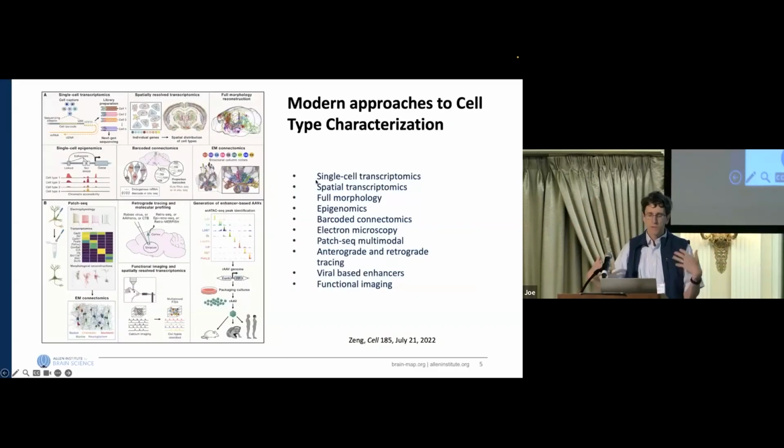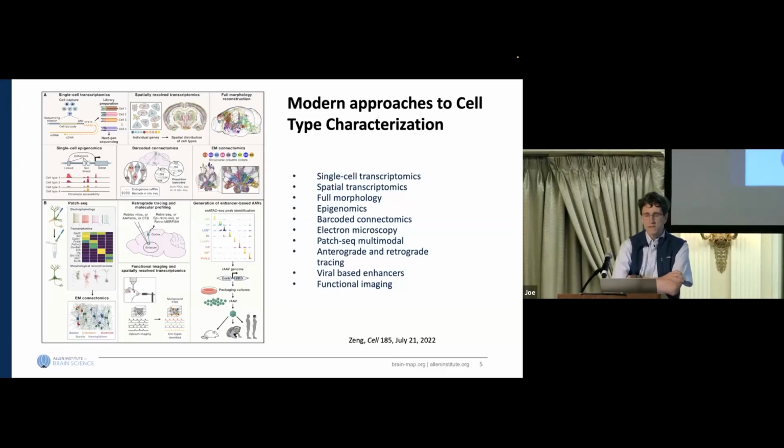Today, the techniques involved are much more high-powered in terms of understanding cell type diversity, and these include single cell transcriptomics. We can do something called ATAC-seq to explore regions of open chromatin. We can measure methylation, which occurs prior to a gene being expressed, and we can sometimes do this in the same cell simultaneously, a technique called multiome analysis.